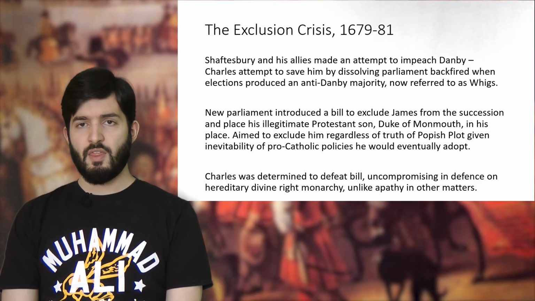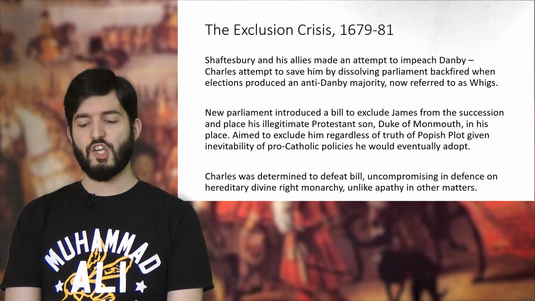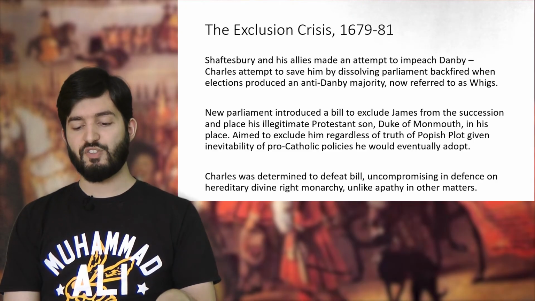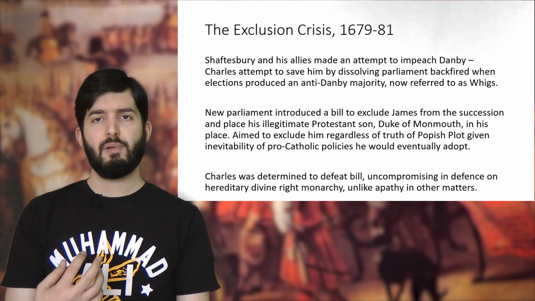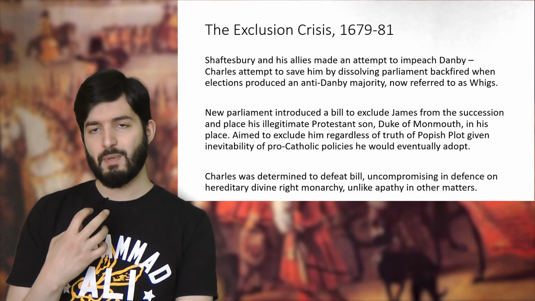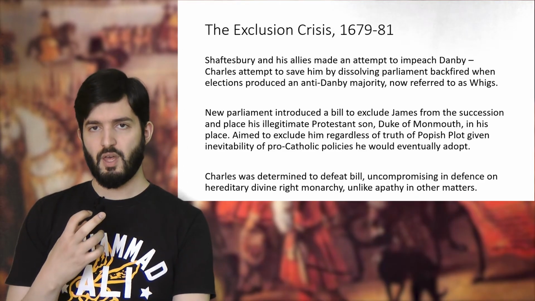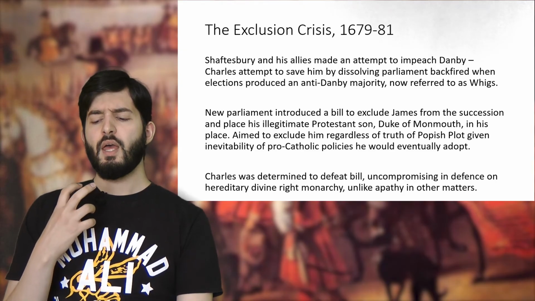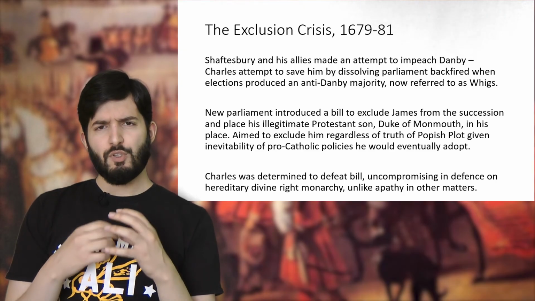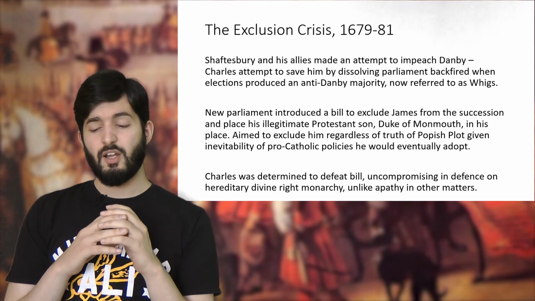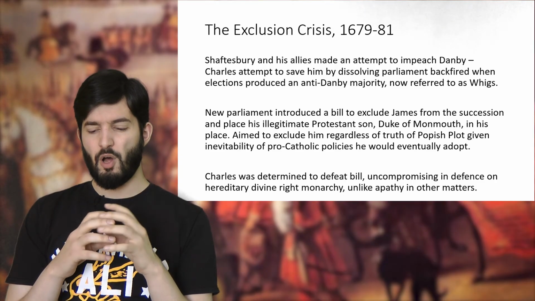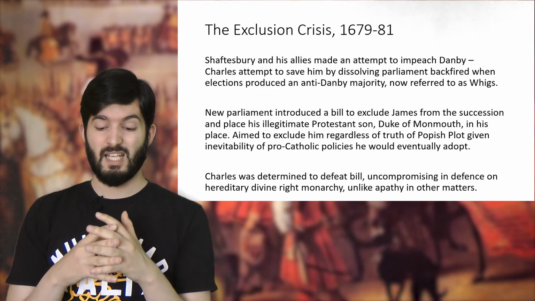And then Parliament begins to introduce a bill to exclude James from the succession, and in his place they would put his illegitimate Protestant son, the Duke of Monmouth. From their perspective, the aim was really to exclude him regardless of the truth of the Popish plot. They probably realised the plot was a load of nonsense at some stage.